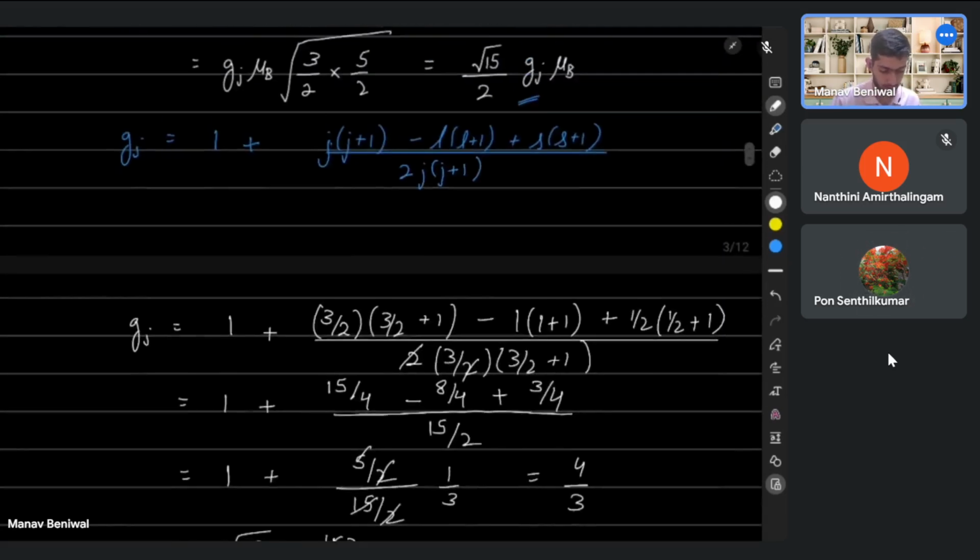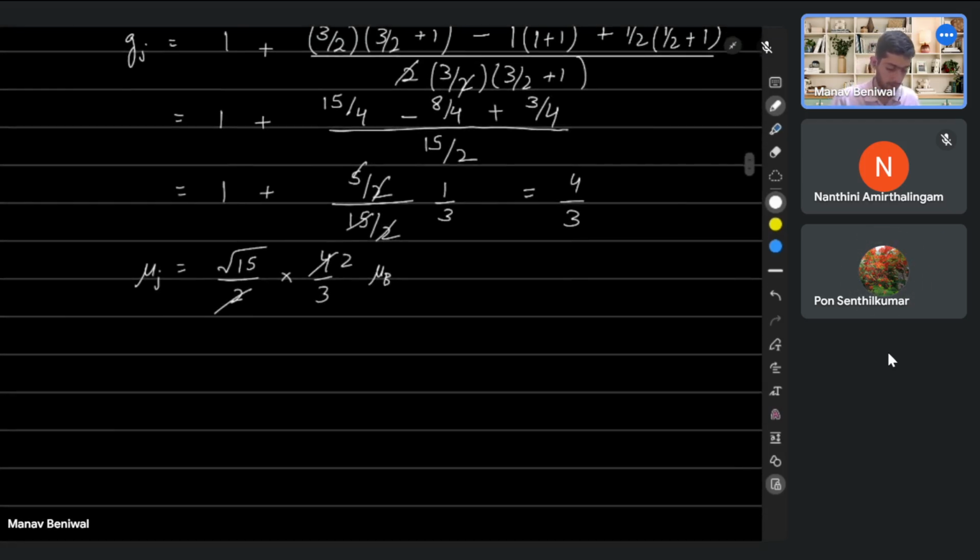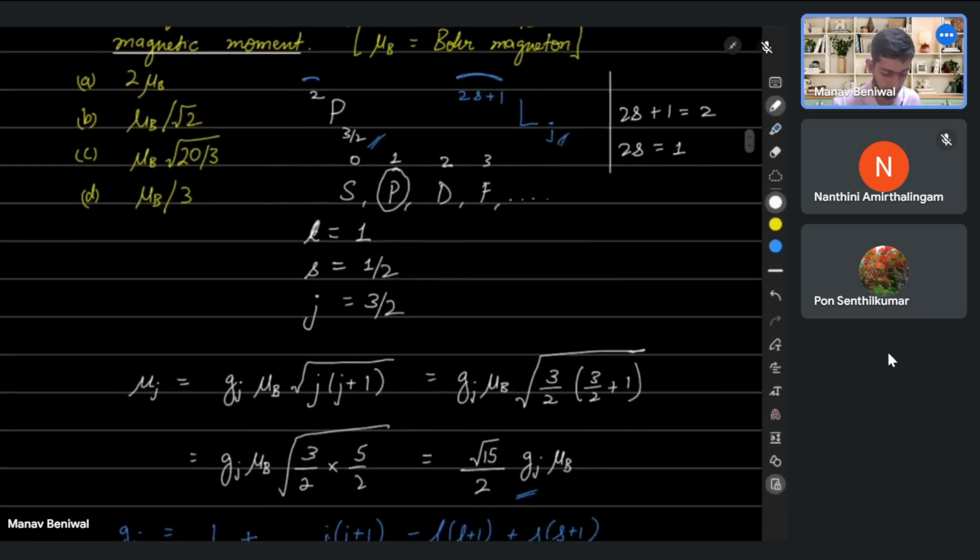And let's have a look at our options. Okay, so we have one option here. If you see the options, there are options where you have under root over the whole thing.